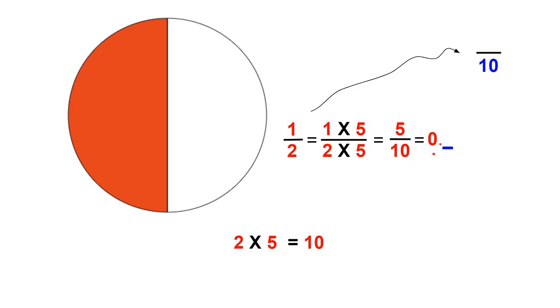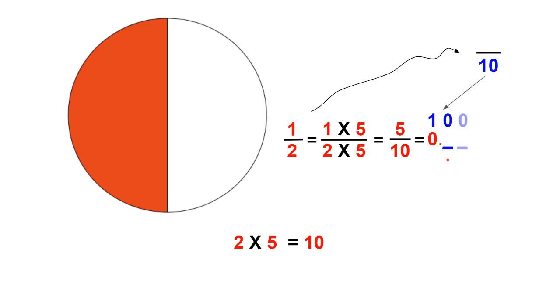Now we write 0 point something because 5 is less than 10. So it's obviously 0 point something. And we put a placeholder. In this case, we put only one placeholder because the number that we chose, which is 10, has only one 0. The number of zeros determines the number of placeholders.